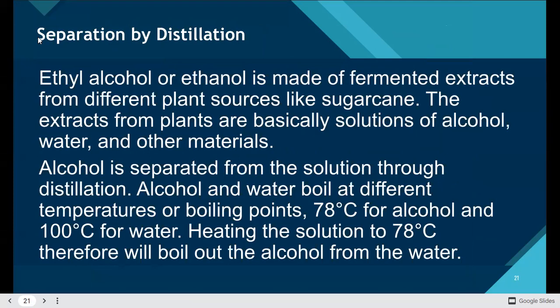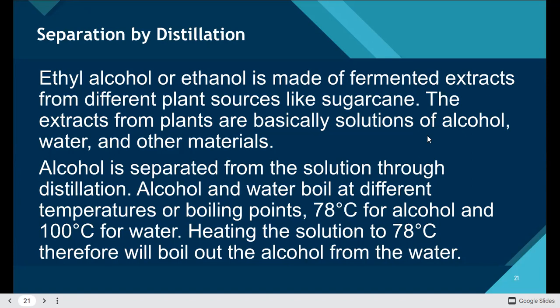The boiling point of alcohol is 78 degrees Celsius, while water is 100 degrees Celsius. So we can just boil the water and alcohol solution up to 78 degrees Celsius to extract the alcohol.